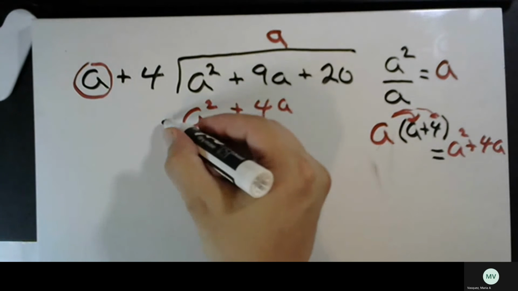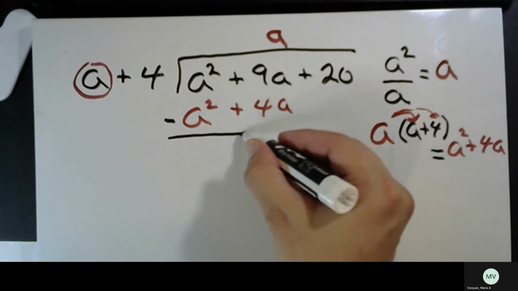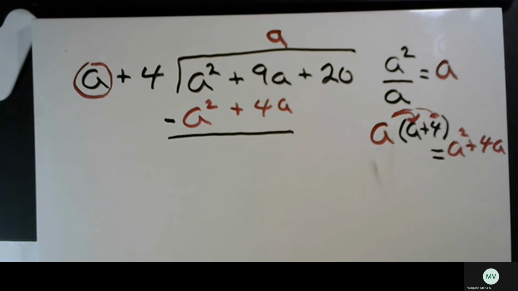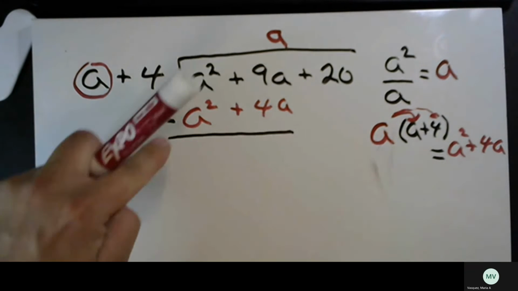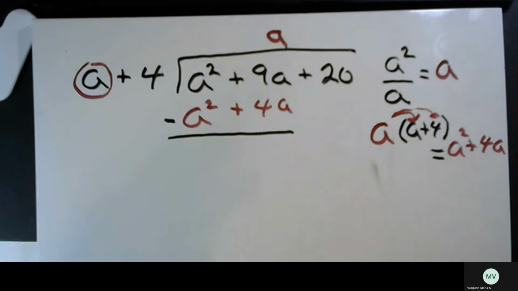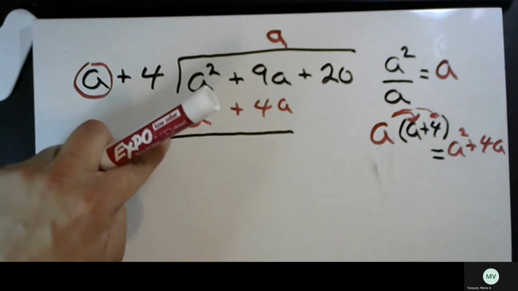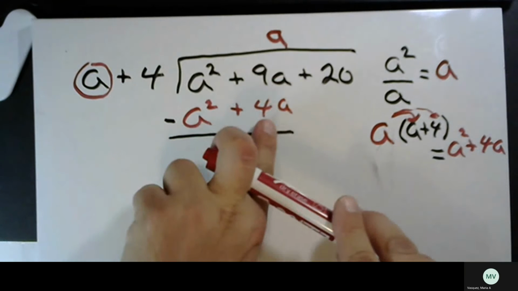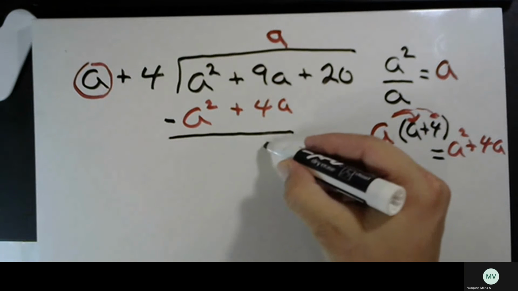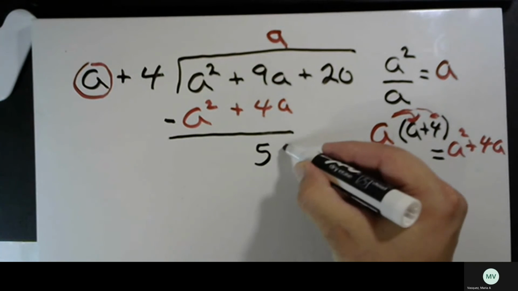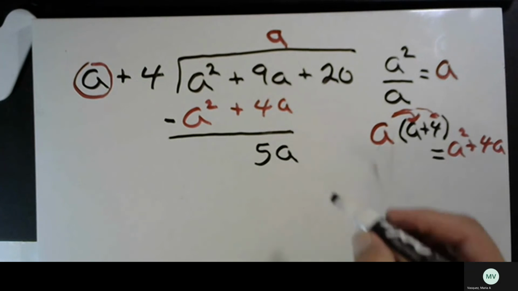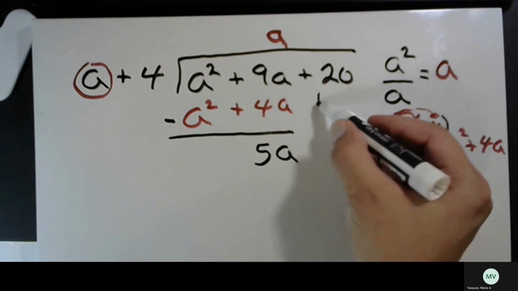Then we're going to subtract. a squared minus a squared is 0. 9a minus 4a is 5a. Then we bring down this next term.